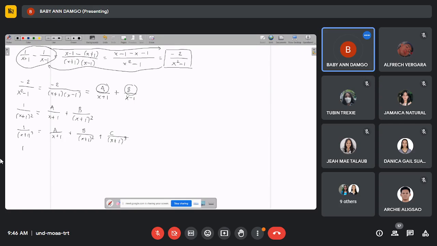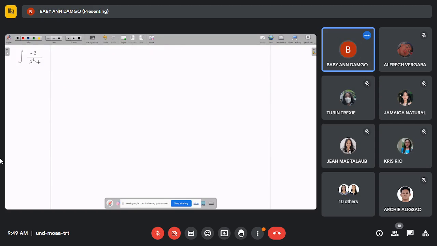So, let's go back to number 1. We have negative 2 over x squared minus 1. So what if we're given negative 2 over x squared minus 1, dx? First, we need to apply partial fractions.